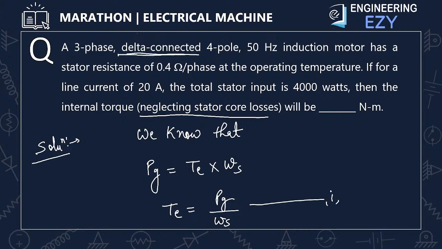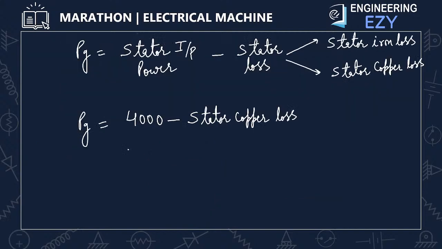The motor stator is delta connected and the line current is given as 20 ampere. In the delta connection, if the line current is 20 ampere, the phase current is 20 by root 3. Since it is three phase, the stator copper loss is 3 I square R, and R is given as 0.4 ohm per phase.